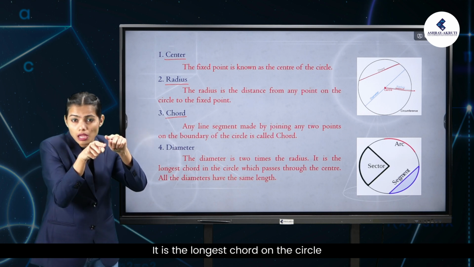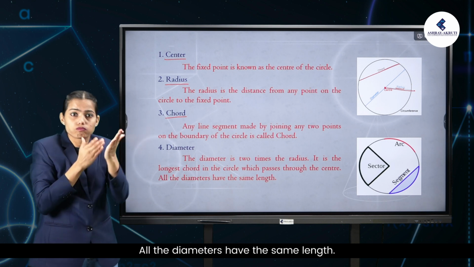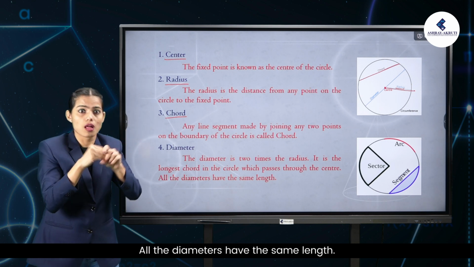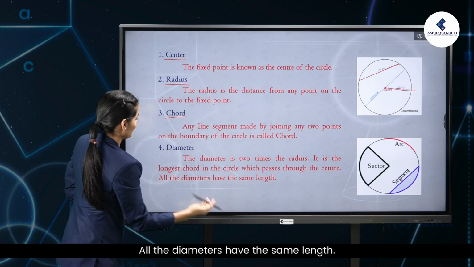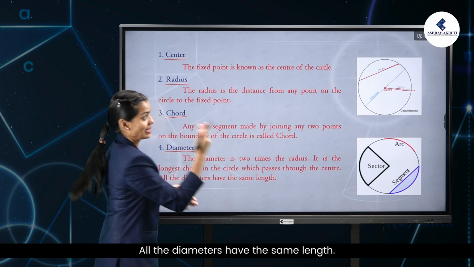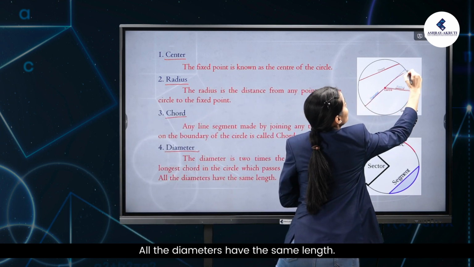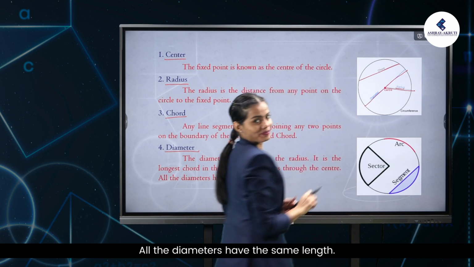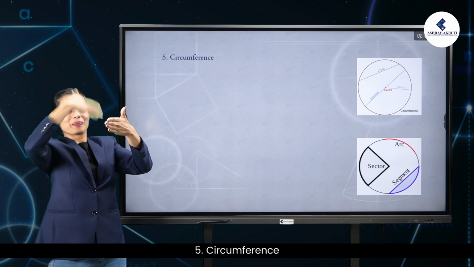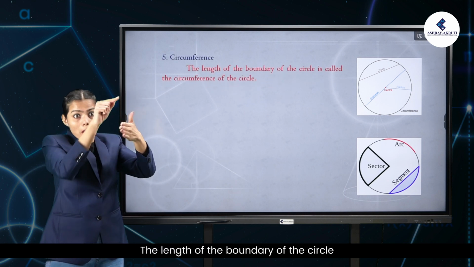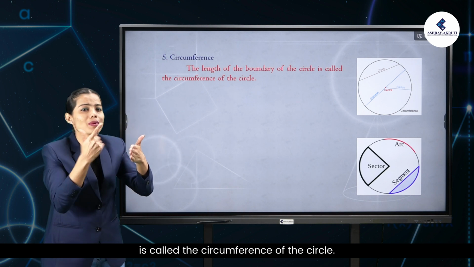It is the longest chord on the circle which passes through the center. All the diameters have the same length. Circumference. The length of the boundary of the circle is called the circumference of the circle.